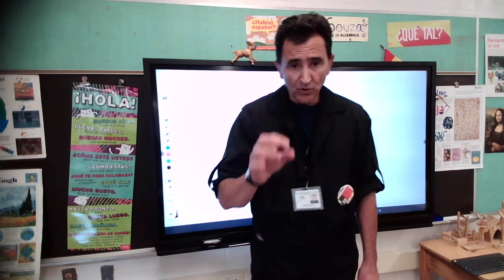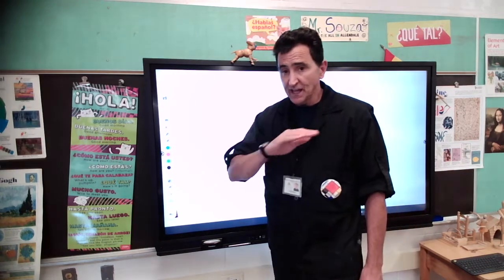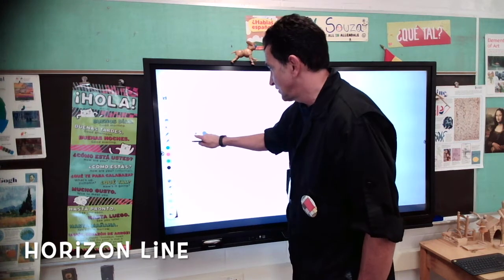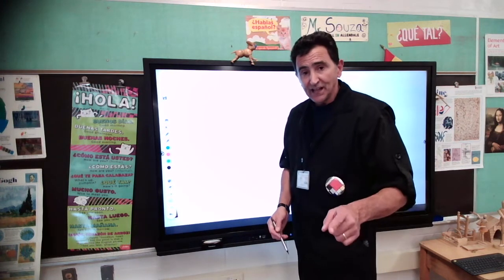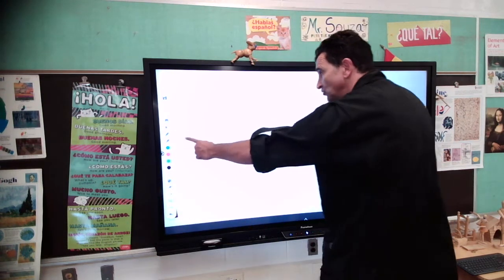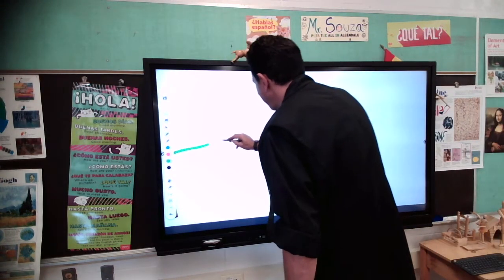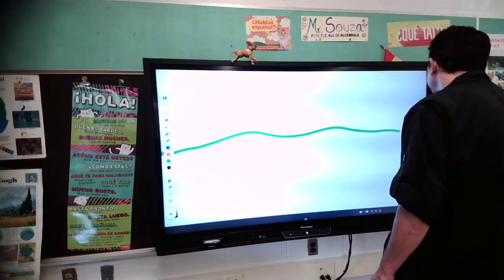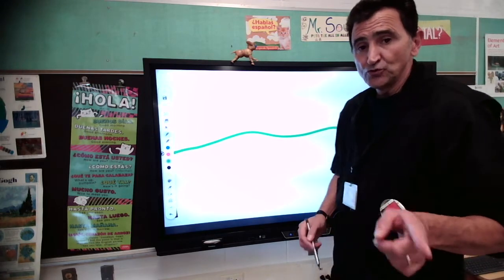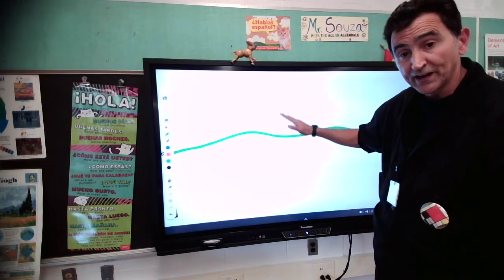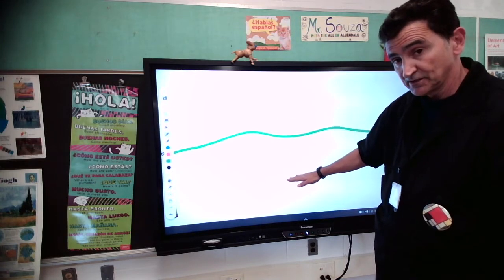When you are creating a landscape and drawing the horizon line, remember one important thing: the horizon line should go all the way from one side to the other. It should split the sky from wherever you are drawing.